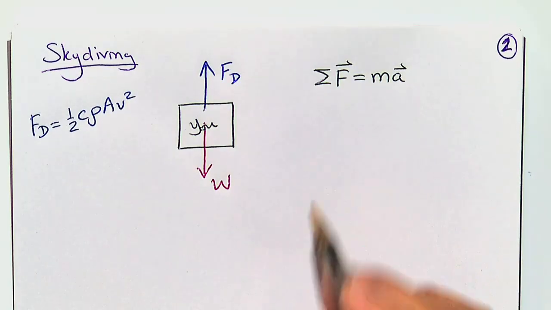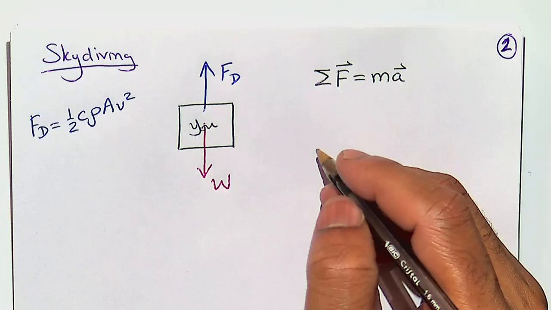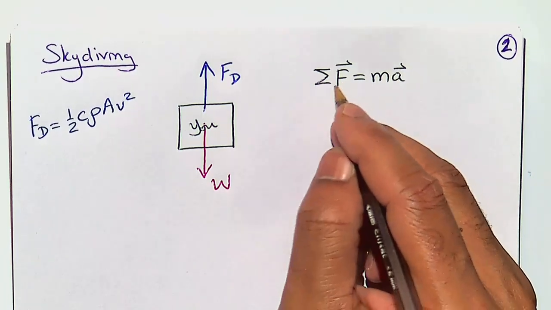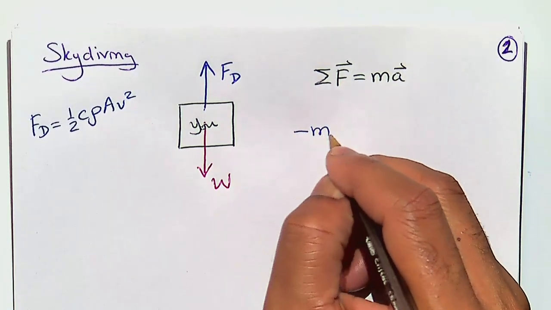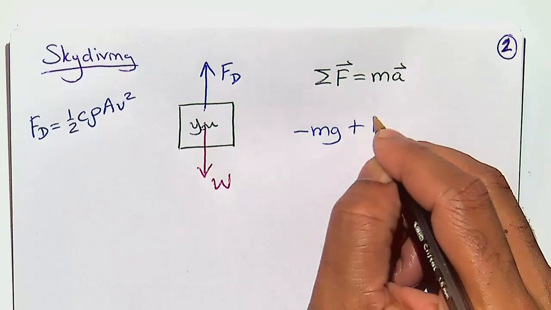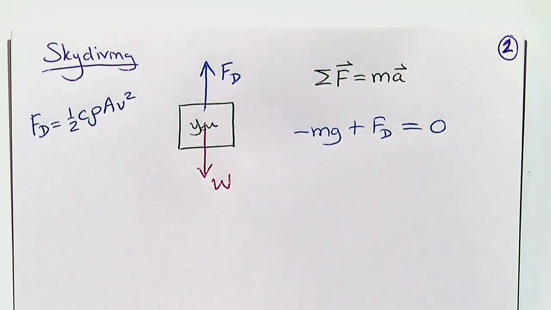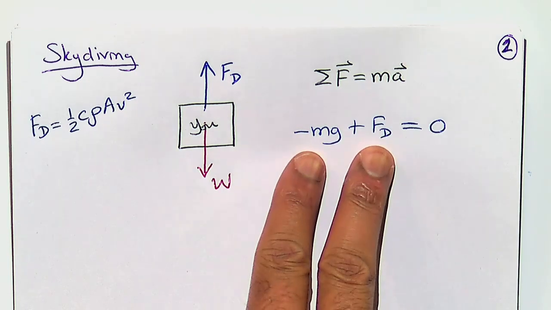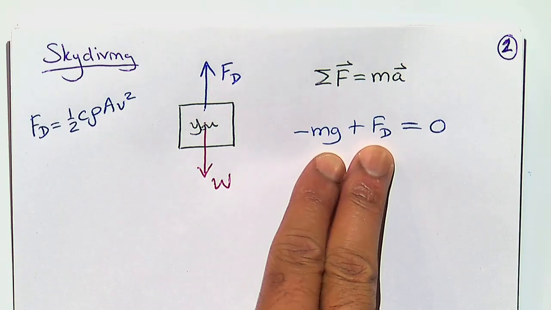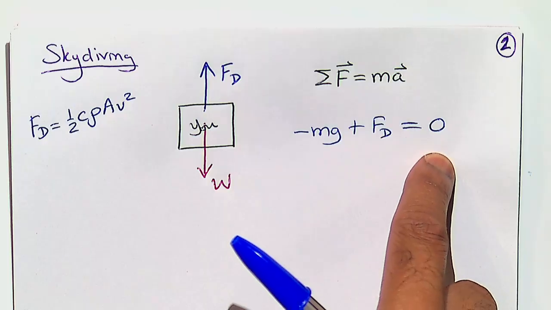At that point, when you do the sum of the forces, you have your mg plus your drag force, and you get the condition where the right-hand side is 0. You will stop accelerating because when the two forces are the same, they sum together to be 0.